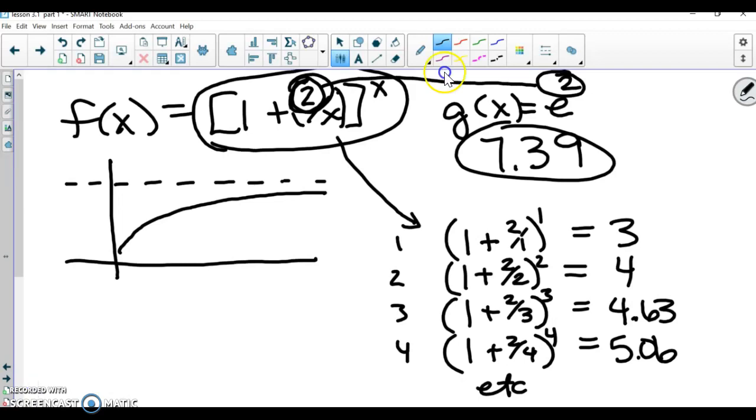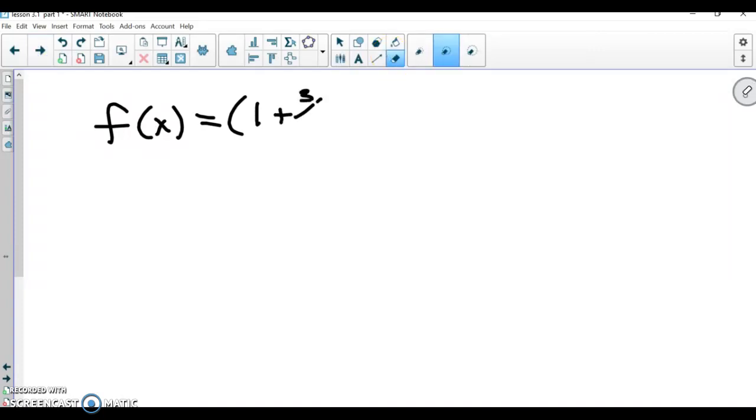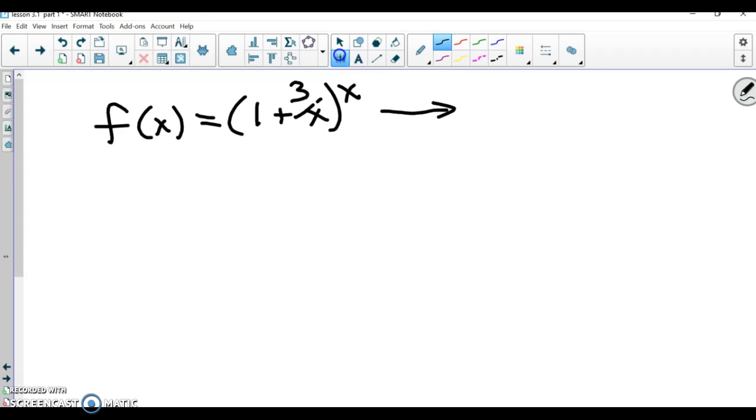On that note, what I'd like you to do is just a quick study. I want you to take the approximation of e, but we're going to change that numerator again. Sorry, that's a 3: 1 plus 3 over x to the x. I want you to compare that. I think you already know how this is going to play out. Compare that to the function g of x equals e cubed.